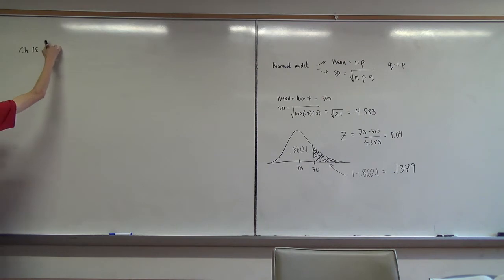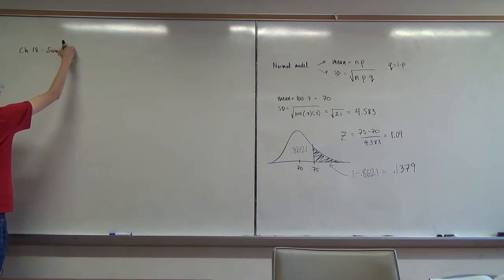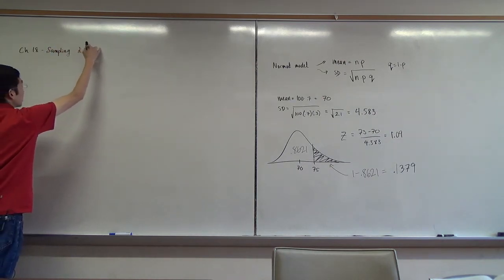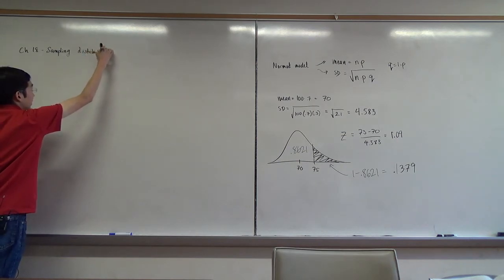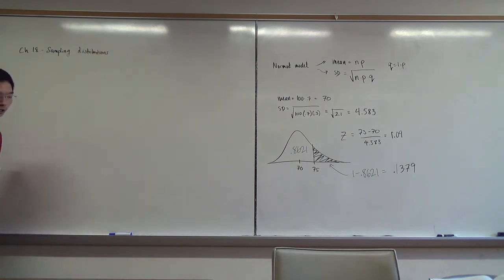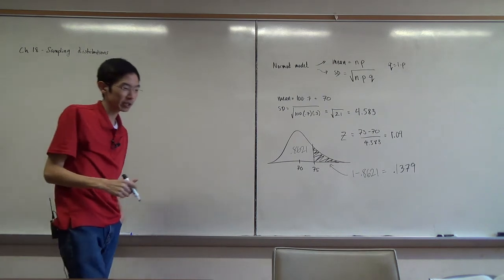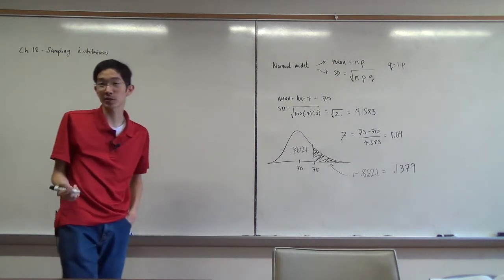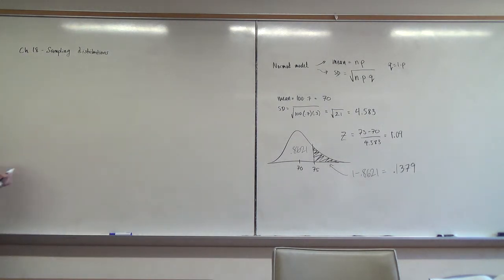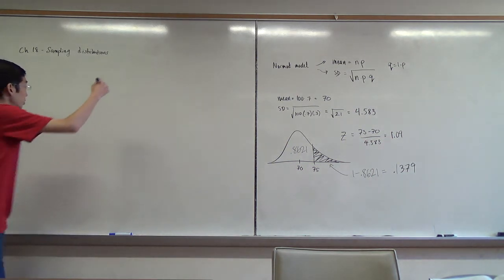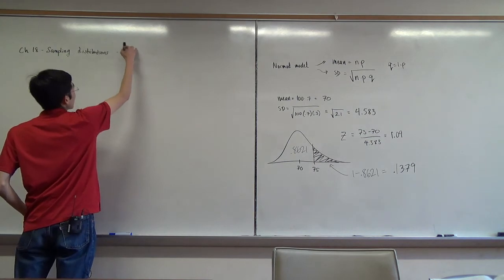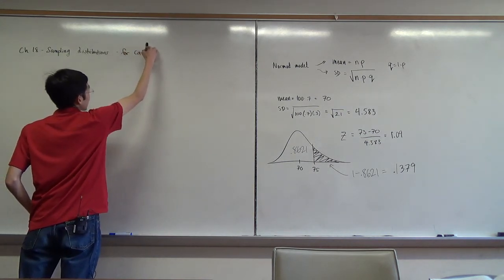So chapter 18 is all about sampling distributions. We're just going to cover the first half of chapter 18, which does sampling distributions for a categorical variable. The second half does sampling distributions for numeric variables, but we're just going to do the categorical variable.